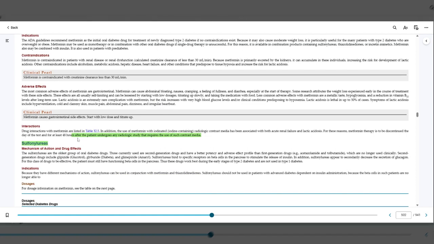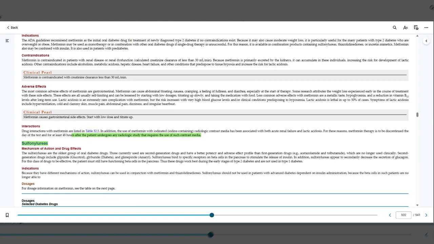So if I think about metformin, let's see, my interactions here, they shouldn't take the metformin drug if they have to have any type of radiological study that has contrast media. So we would have to monitor their blood sugar and use something else during that time. Metformin's my most common oral medication that we'll use with these patients. And because it does have a lot of GI upset, we'll start them with a low dose and titrate up.